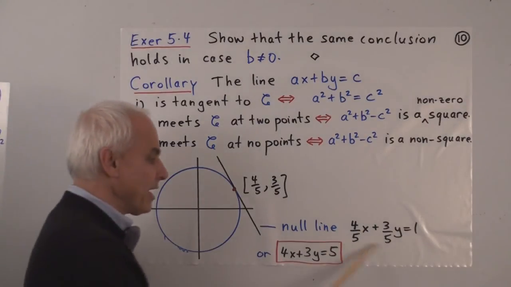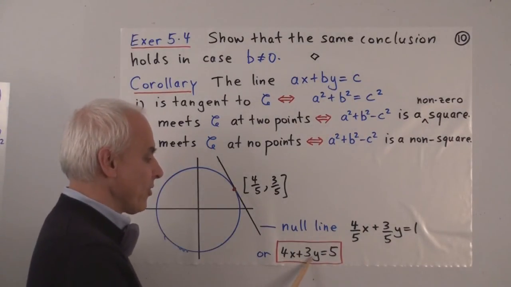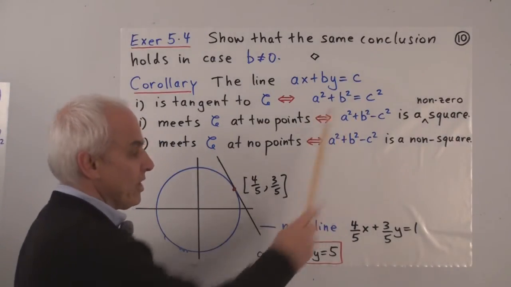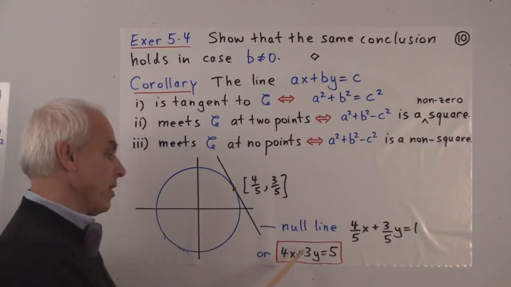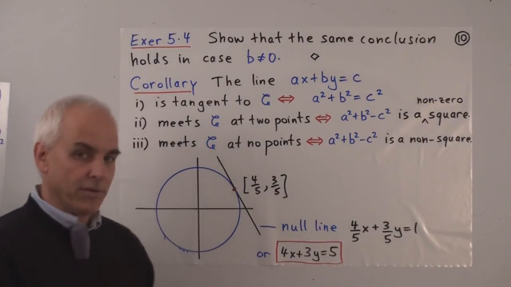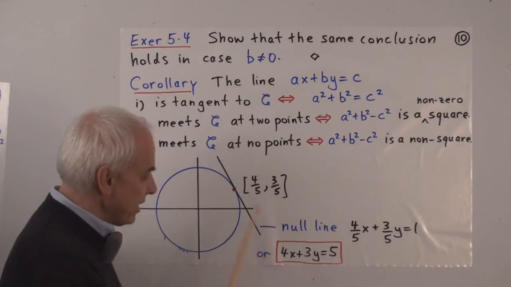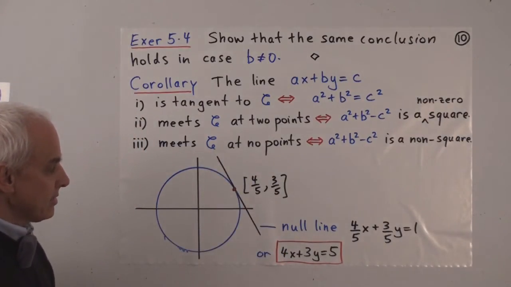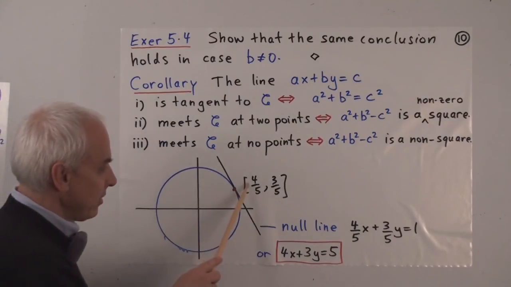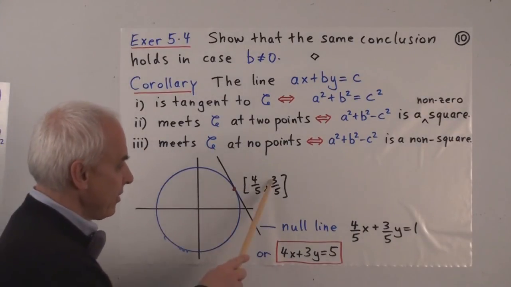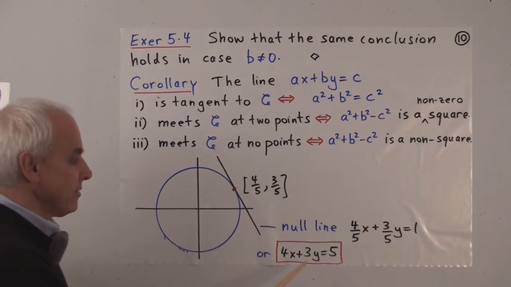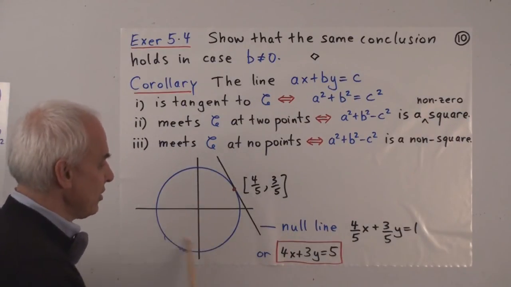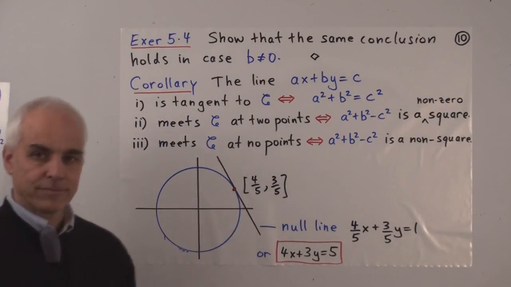Or if we clear denominators, 4x plus 3y equals 5. That does meet this Pythagorean triple condition, because 4 squared plus 3 squared is indeed 5 squared. That line is exactly tangent to the circle, and well, if you plug this number in here, then you will see that it is actually satisfied. So this is actually the tangent to the circle at this point here.